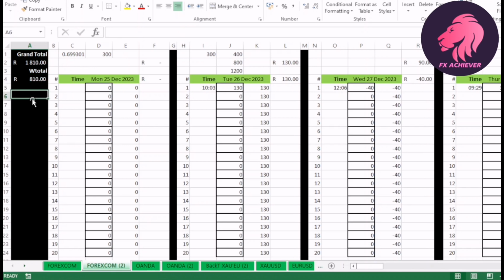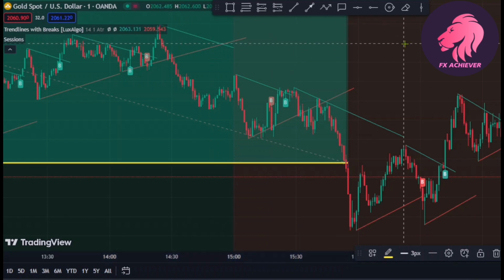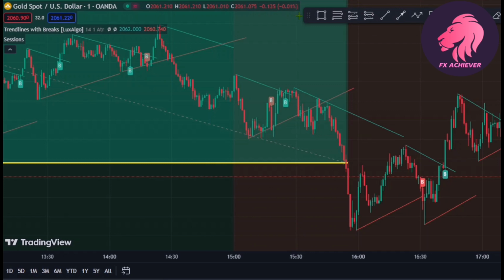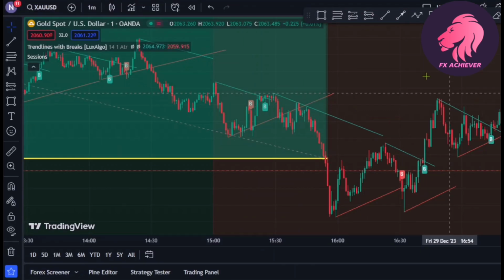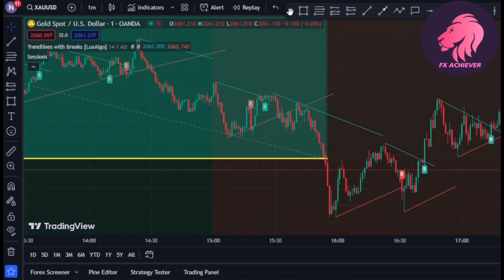So with this strategy, you stand a better chance of making a lot of money. For me, this is a good strategy, and if you want to copy this strategy, it's up to you.